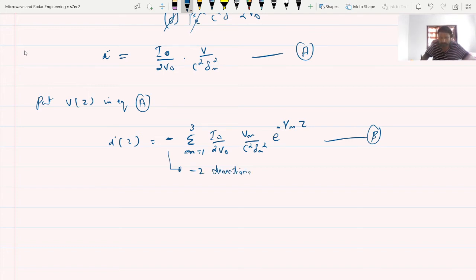Okay, now to see that this is in the minus Z direction.